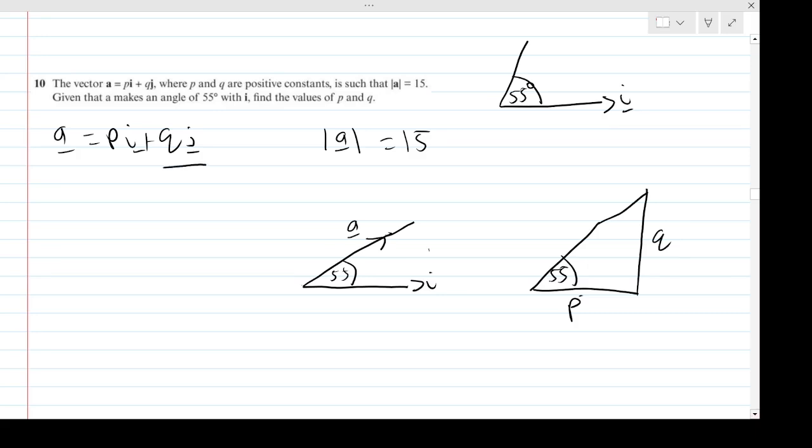So we get this triangle here. Okay, if we can draw it a bit neater, there we are. So we've got this triangle of 55 degrees, and the magnitude is 15, so the length of the vector, or the hypotenuse, is 15 here. So effectively we can find p and q.